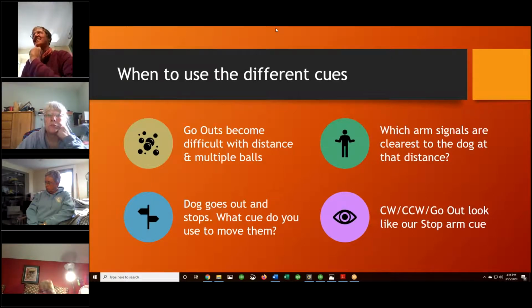Are you consistent? I've seen a go out cue and an away and a come by and a stop hand and a push, and by golly, at distance it all kind of looked just like arm waving, and yet I thought I was really clear.